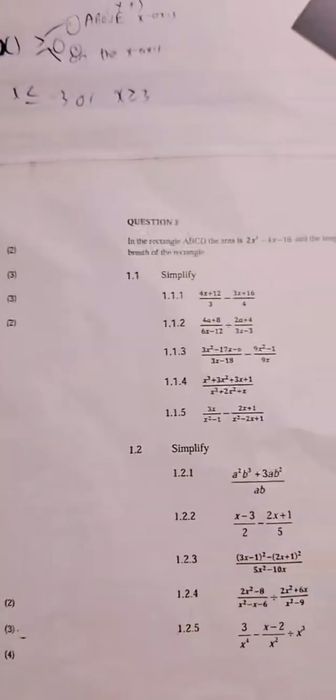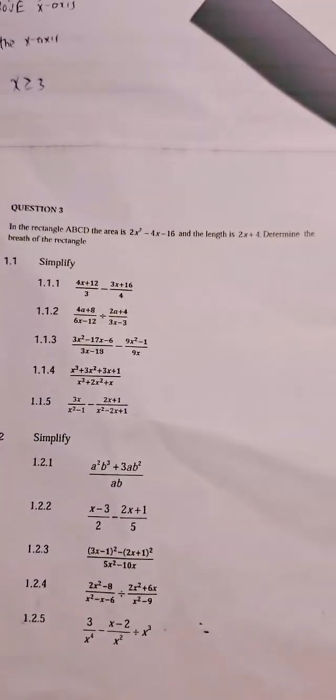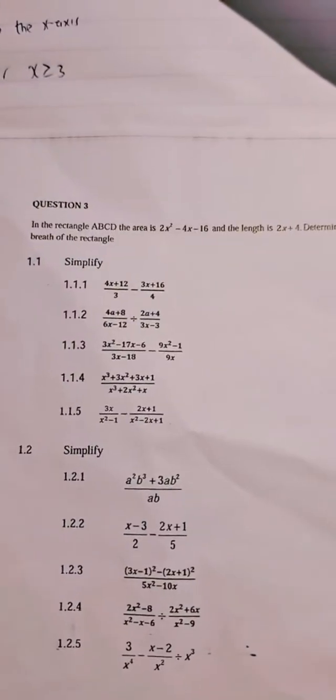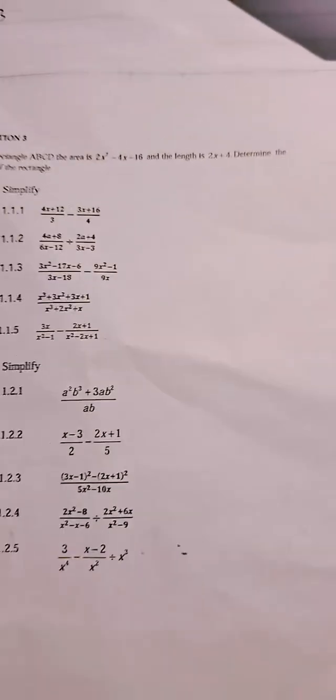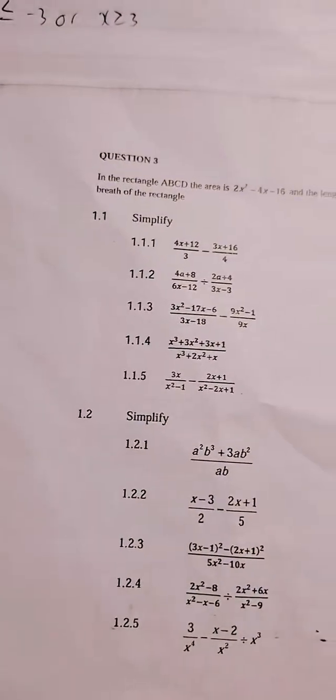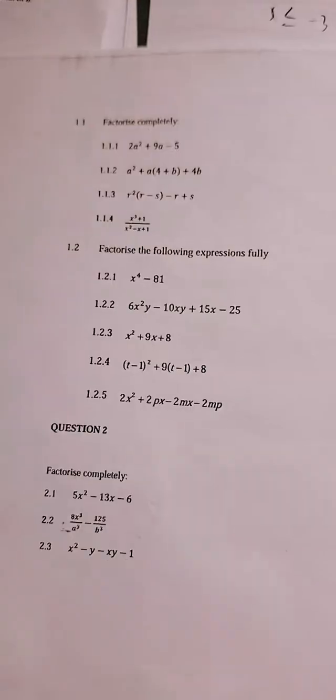Then word problems, one has to do with rectangles and area, determine the breadth of the rectangle, different types. These are just from an exercise worksheet for consolidation of the entire thing.